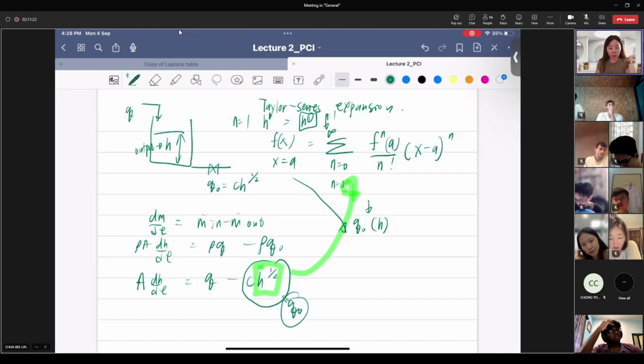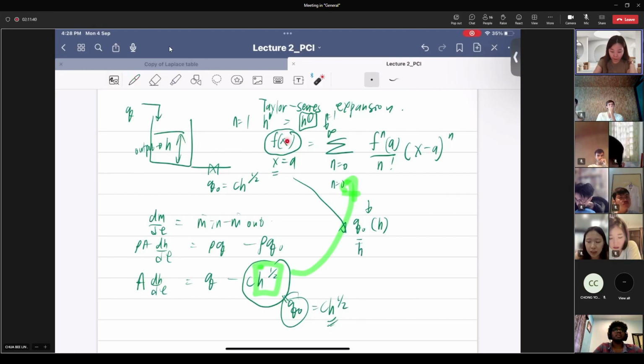Now your parameter is Q naught, which is C h to the power of 1 over 2. So the function of x means Q naught is your parameter, and this Q naught involves the h variable. So the x here is your h. Because you change, for example, this is x, now your x variable becomes the h variable. So this is x, you have to change to h.